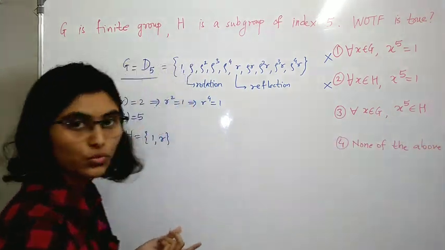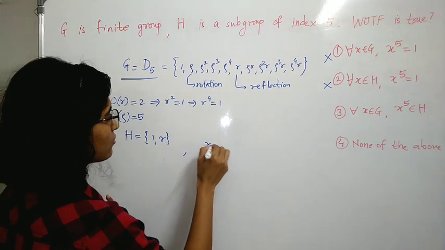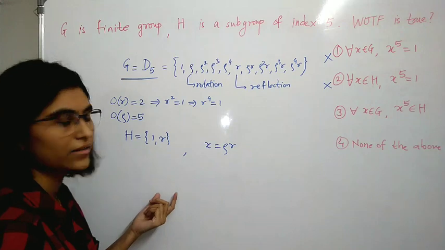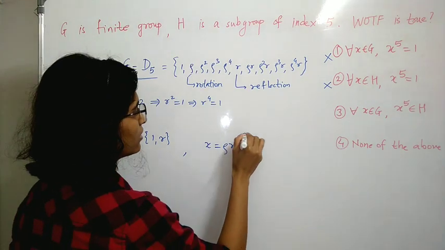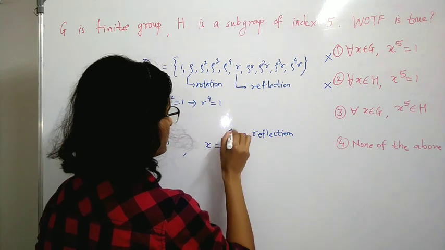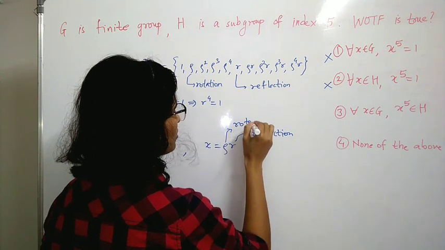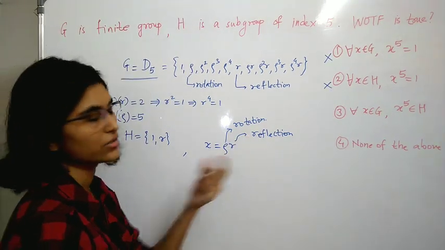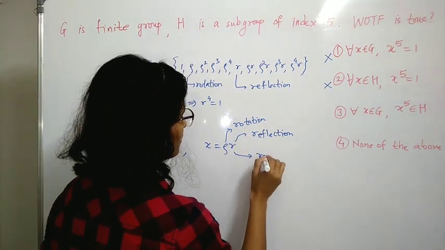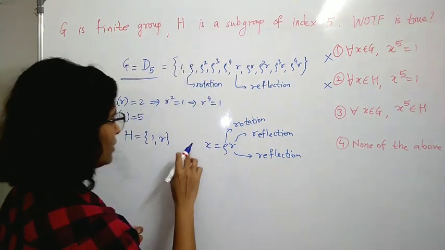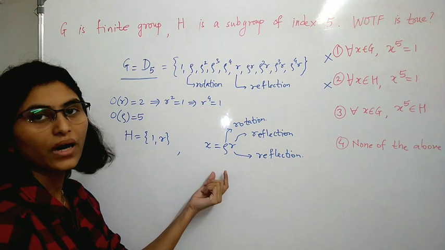This is also not true, because if we take x equal to rho R, where R is a reflection and rho is a rotation, we are composing a rotation and a reflection, so this is just a reflection. Now take power 5.